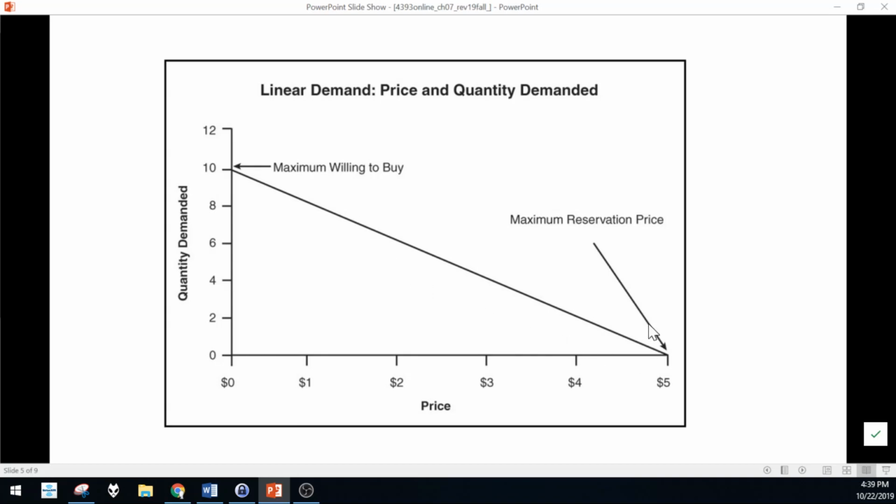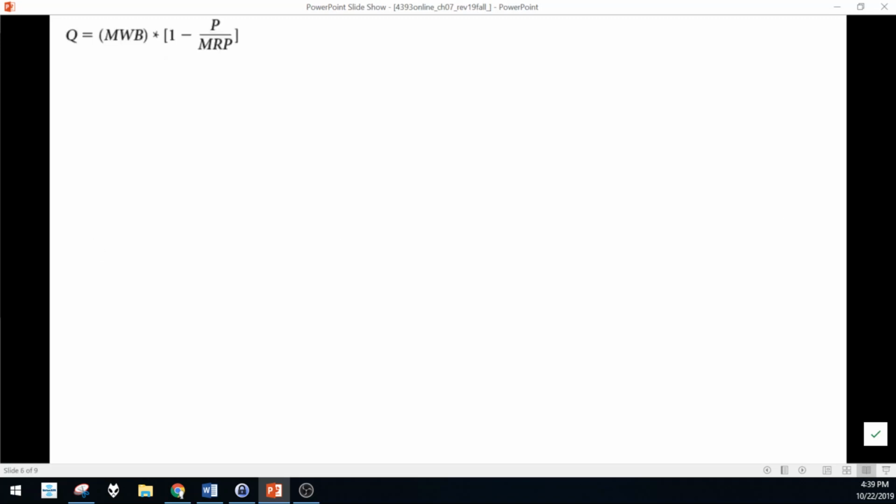So if we know that our maximum reservation price is $5, our maximum willing to buy is $10, we can determine a lot of things. Okay, so here's a formula for determining quantity demanded. We have our maximum willingness to buy, we have our maximum reservation price, and we have our price point.